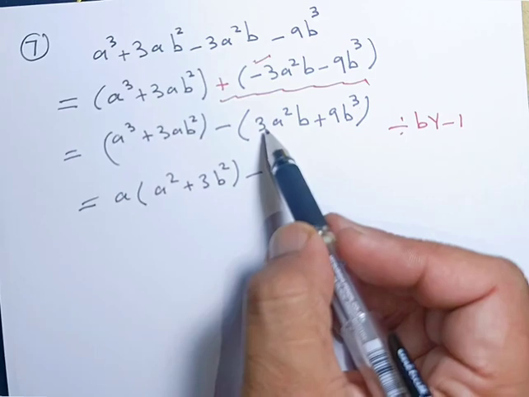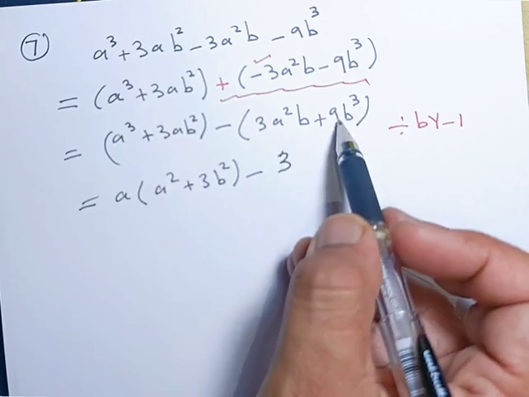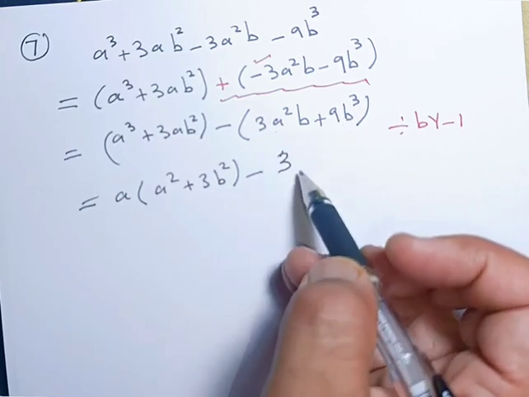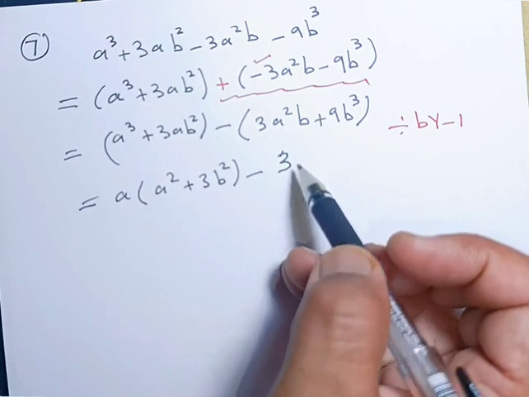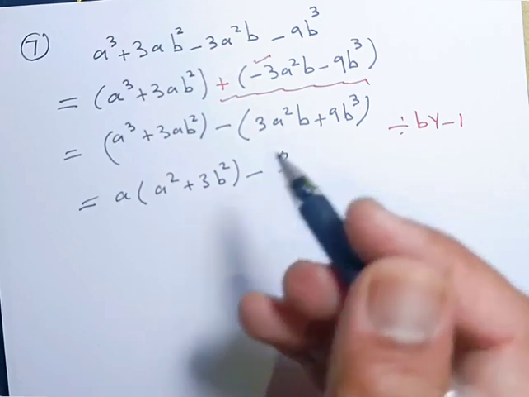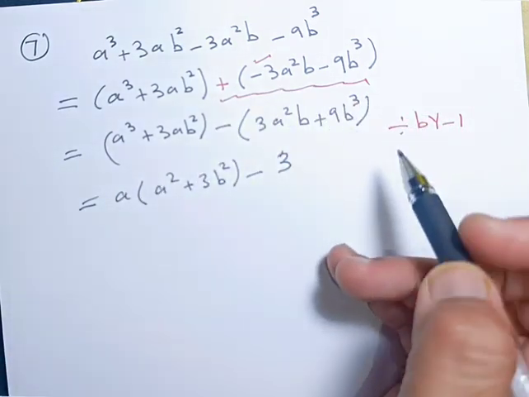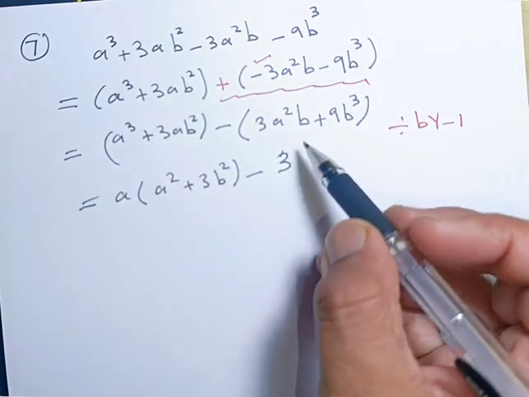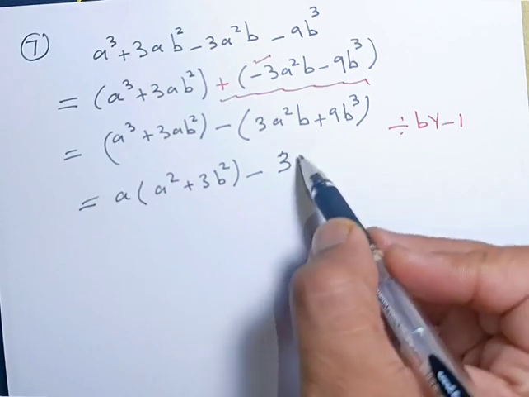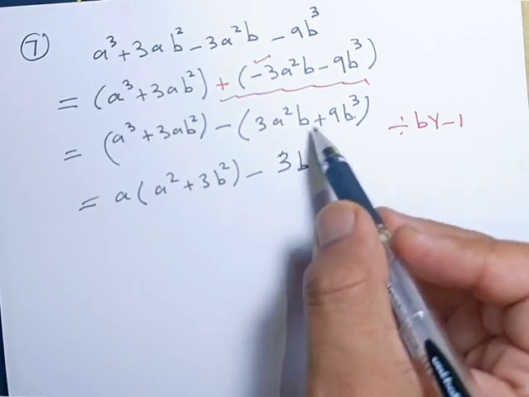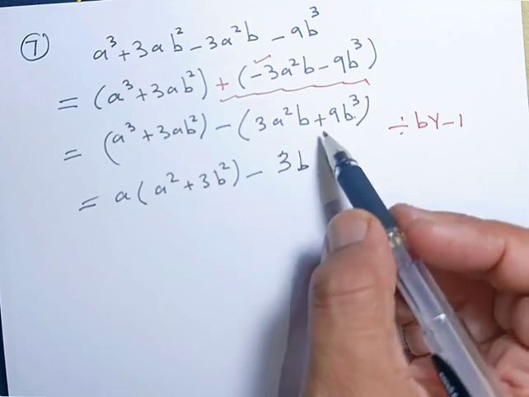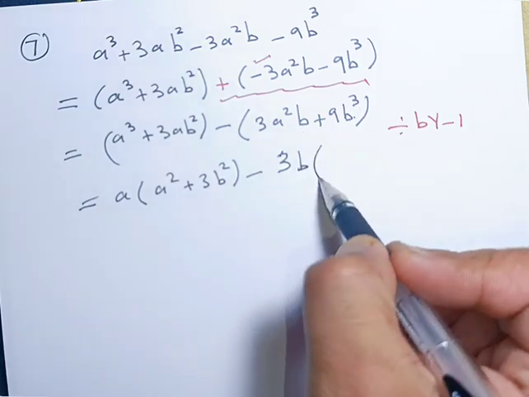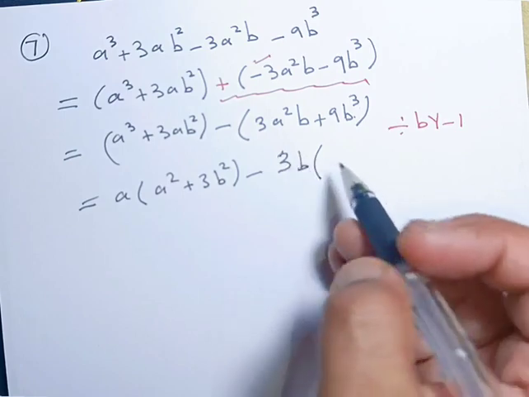Why? Because 3 can divide 3 and 9 also can divide by 3. So 3 is my common factor, and what else can be a common factor here? It is going to be b, because both of these terms contain b.